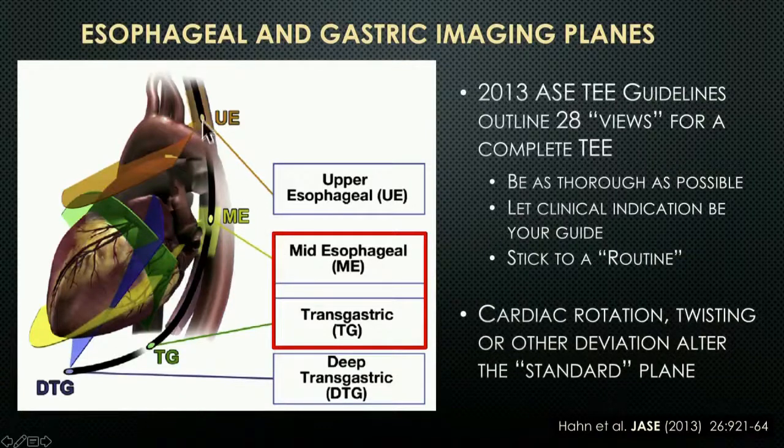And imaging in the upper esophagus, particularly at the level of the great vessels, may also be used. Also remember that although we define these specific views, cardiac rotation, twisting and other deviations may very well alter what planes you need to use in any one individual patient.